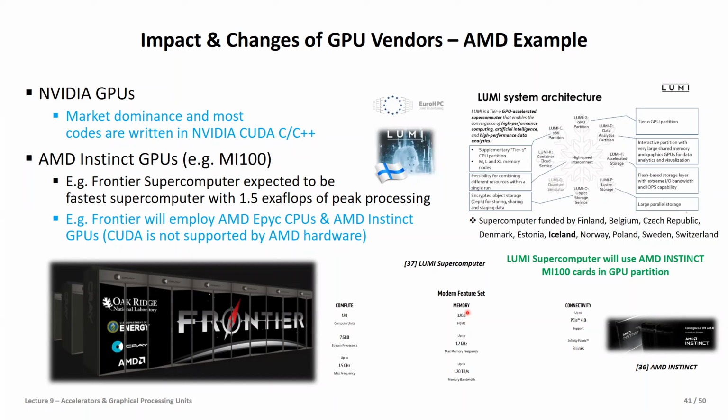Still, it uses HBM2, the same memory setup you see in NVIDIA, and has thousands of processing units: around 8,000 stream processors working in parallel on this GPU. And this is of course just one GPU. Think about systems like LUMI or Frontier, which will have many of these AMD Instinct GPUs included.